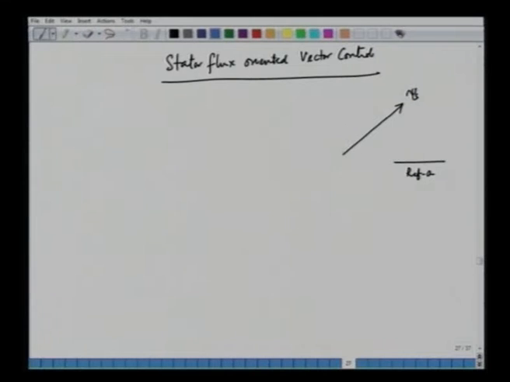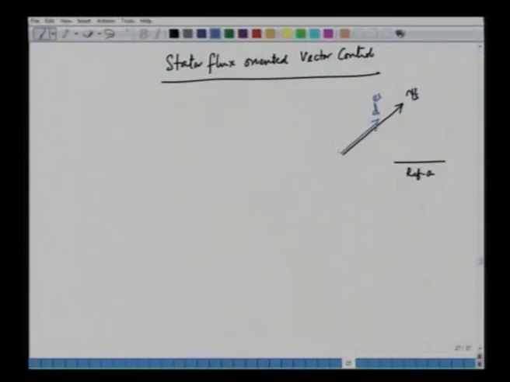So, we orient our d axis along this. We call this dEs, symbolizing that this is a rotating reference frame, a stator flux reference frame, and the q axis is oriented orthogonally with respect to the d axis.